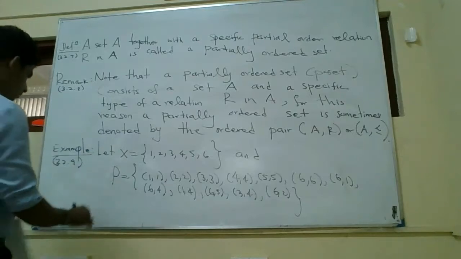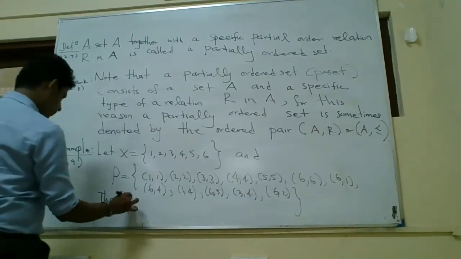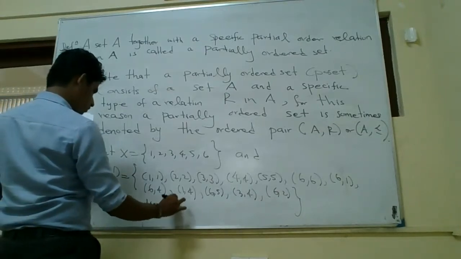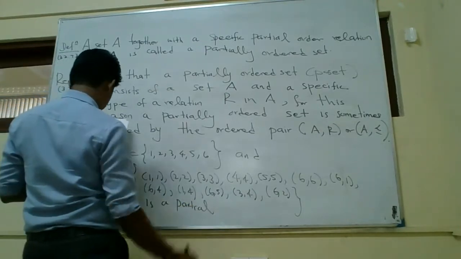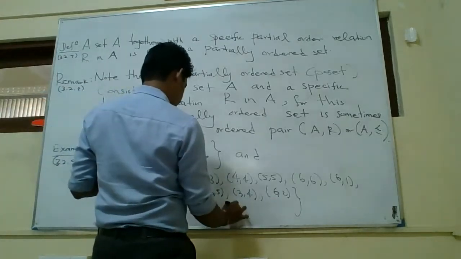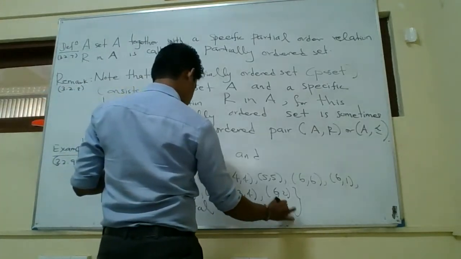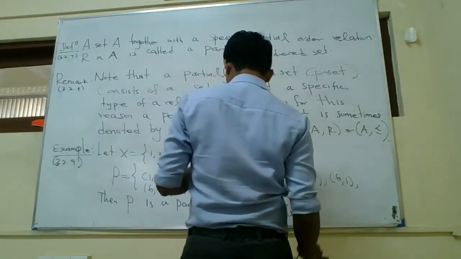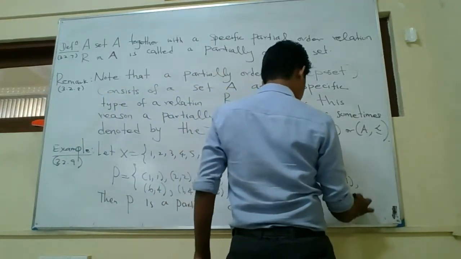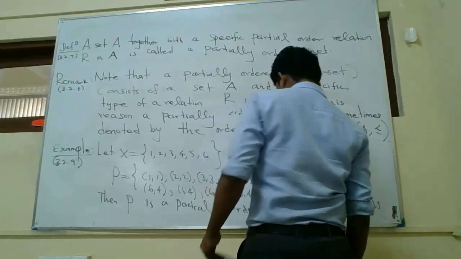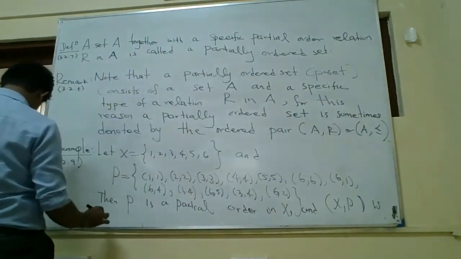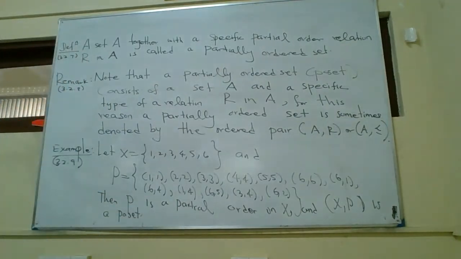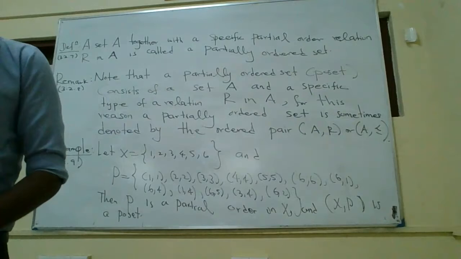Then you want to show that P is a partial order on X, and X comma P is a poset.